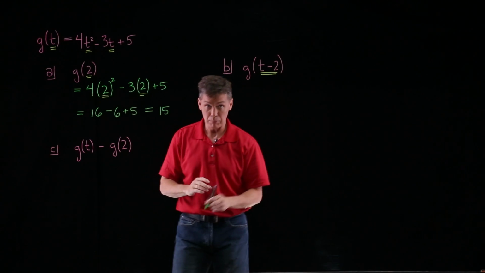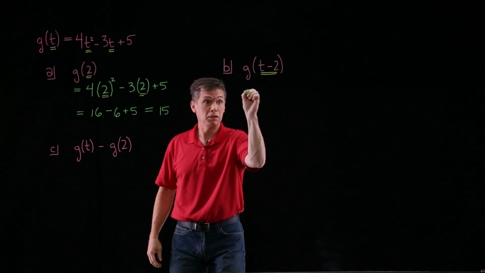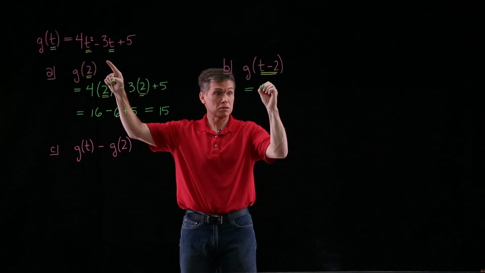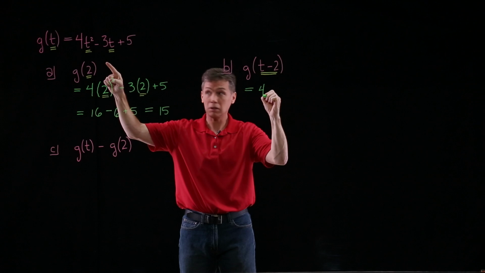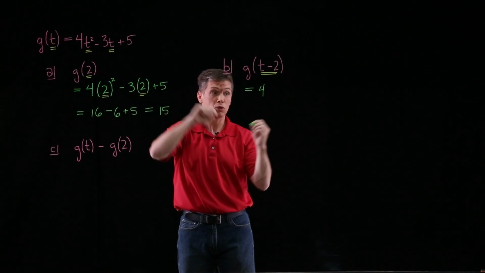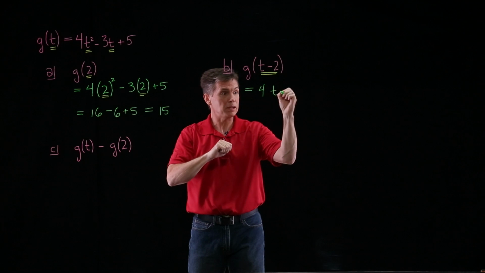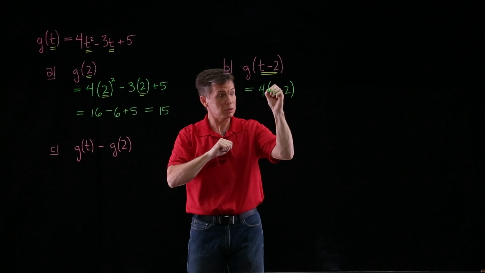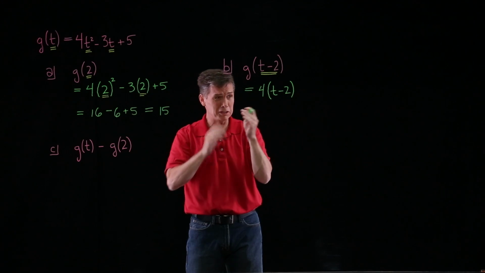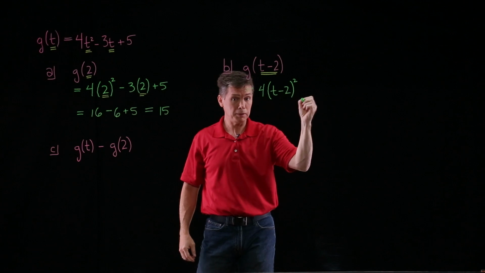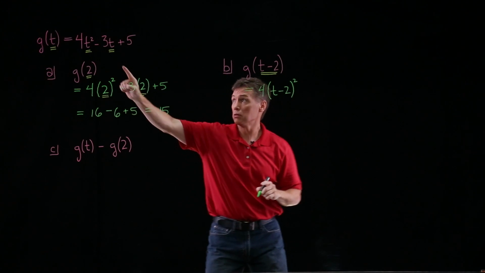So my first step in this part B is that this will equal, and I'm looking at the original function, 4 to start. Then there was a t that was squared, so I'm going to put t minus 2. Parentheses again if it's helping you keep organized, which is a good idea here with binomials or anything bigger, but then squared.